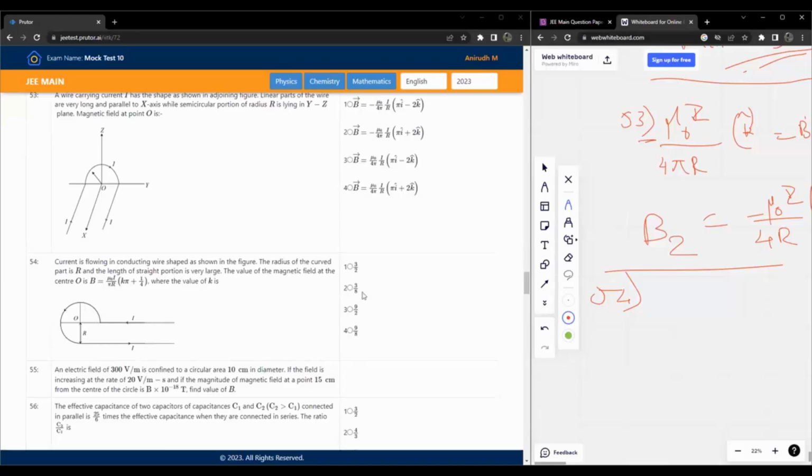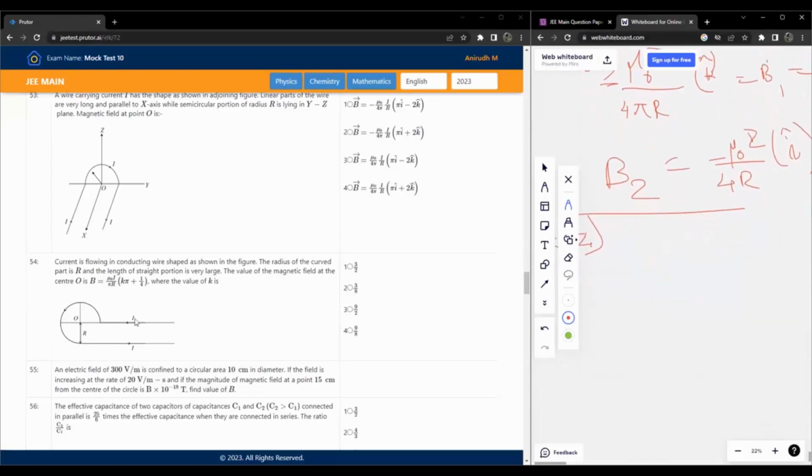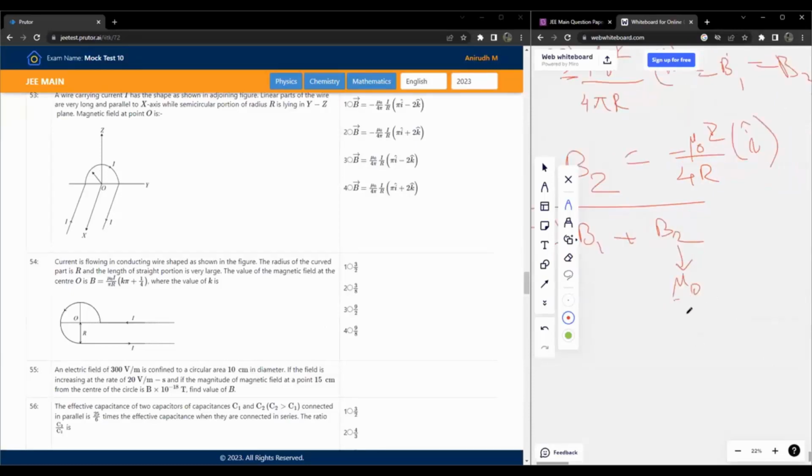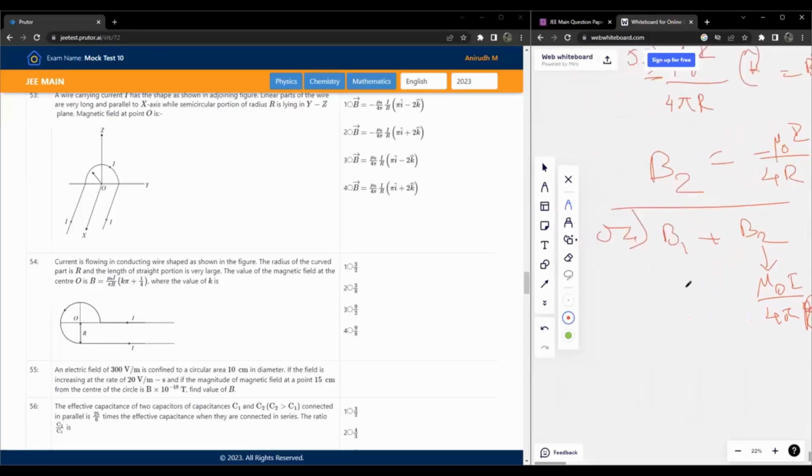So K is basically, wait, it's 3 by 4 into, so basically out of this part I'm not considering this, the 3/4 of a circle plus the semi-infinite wire, that's B1 plus B2, right? B2 is directly mu naught by 4 pi R, where it's capital R, right?